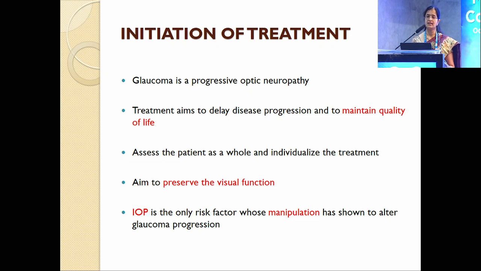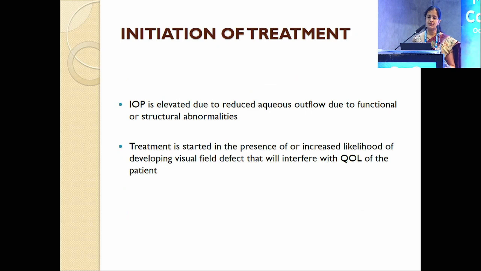Depending on all these factors, we arrive at what is called the target intraocular pressure. To achieve the target intraocular pressure, we give either medical management, surgical treatment, or laser treatments. Intraocular pressure is elevated basically because of reduced aqueous outflow due to functional or structural abnormalities.